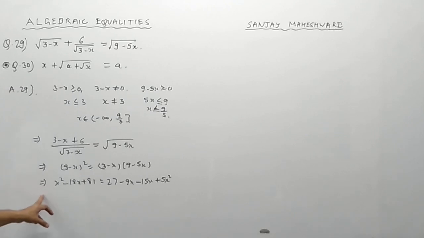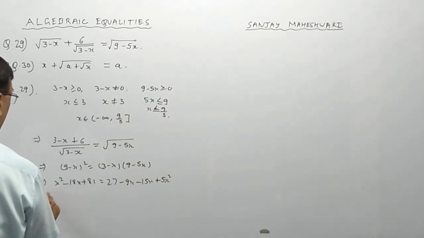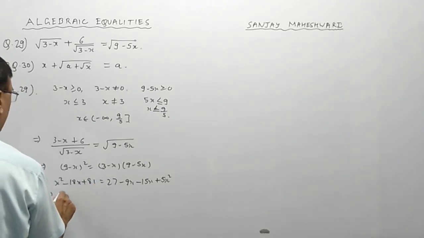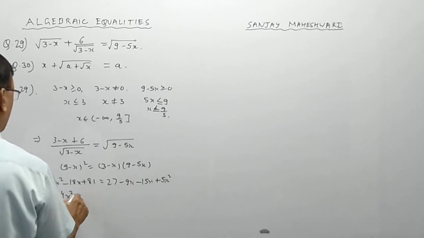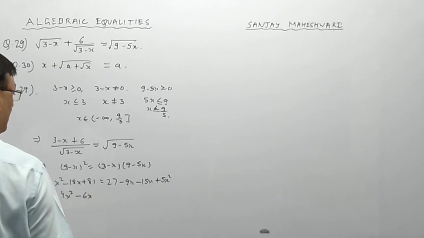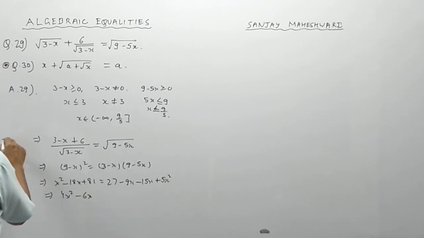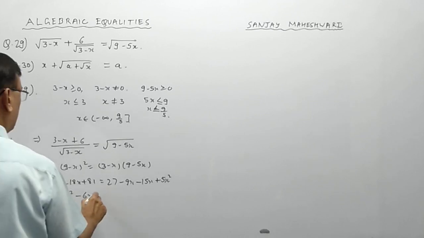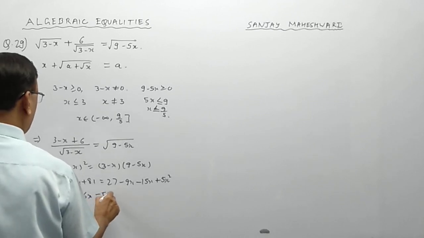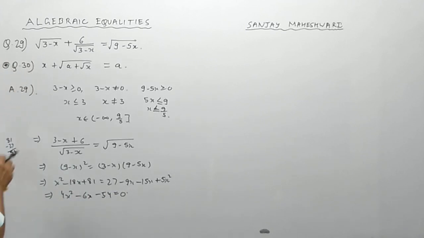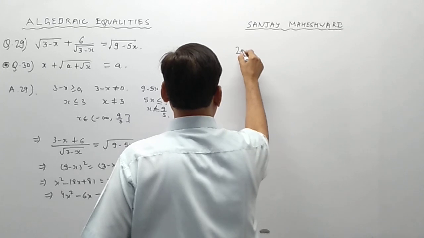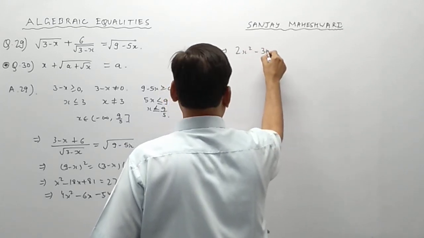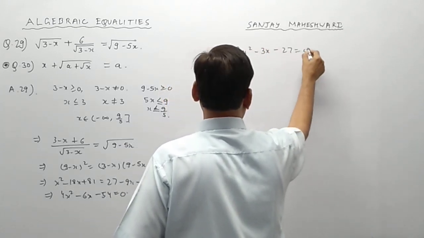Now we will take all the terms on one side. We will get 4x square minus 6x minus 54 is equal to 0. That is 2x square minus 3x minus 27 is equal to 0.